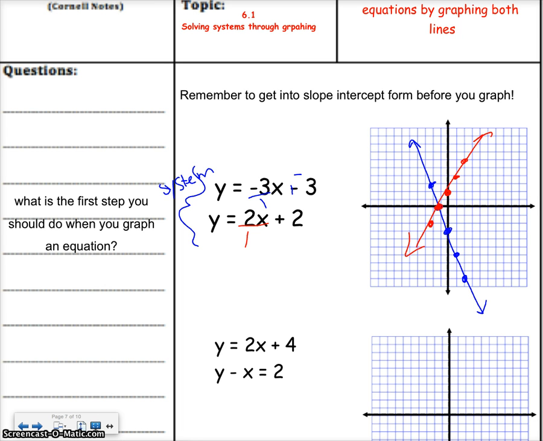Do these two lines intersect? Yes. Then the solution of this is their intersecting point. So it looks like x is at -1, y is 0. The solution of this system is (-1, 0). It's new terminology. Solution means the point of intersection.